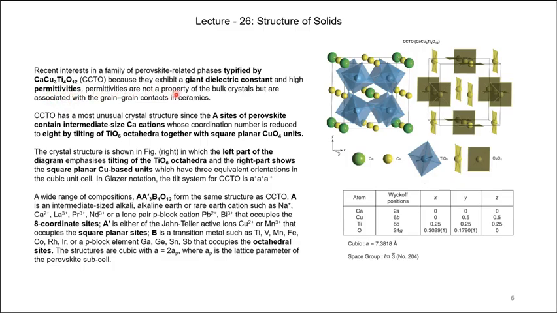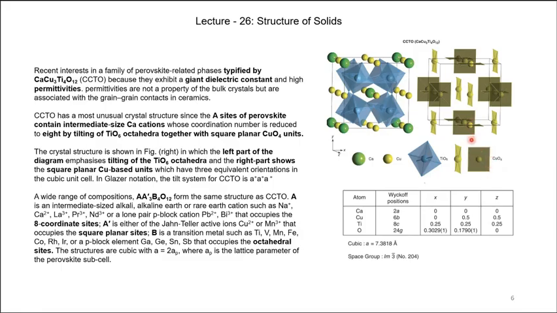So the bulk, this is the grain contracts of ceramics. We can see the structure here of this CCTO. This is the titanium oxygen octahedra. The next structure we show is a copper oxygen square planar arrangement.